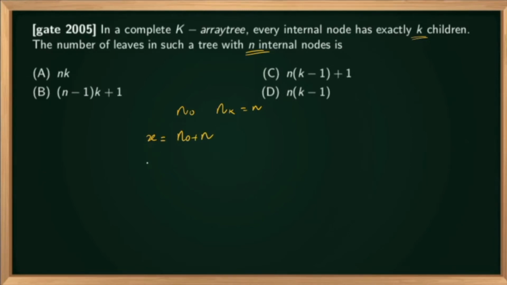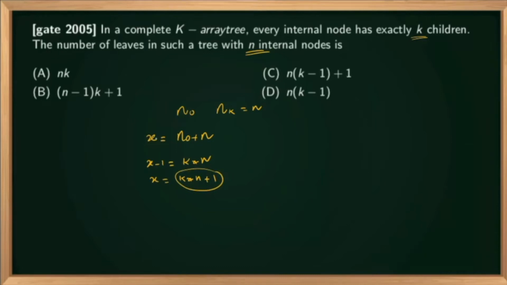We also note that the number of edges, x minus 1, should equal k into n, since 0-degree nodes don't contribute anything and each node with degree k contributes k edges. So x is equal to k n plus 1.